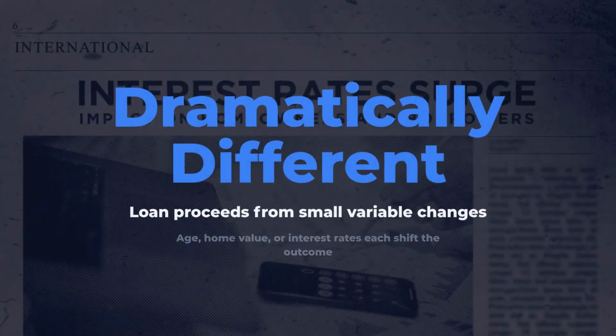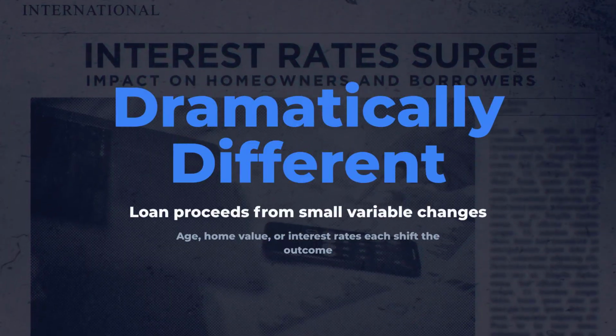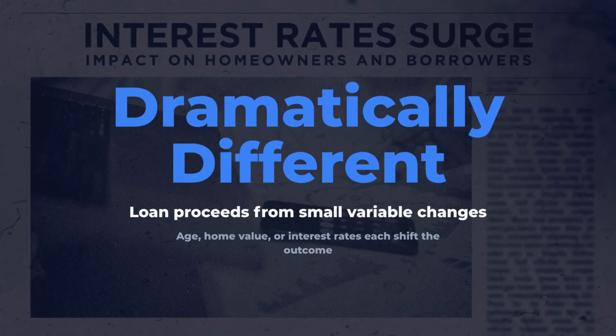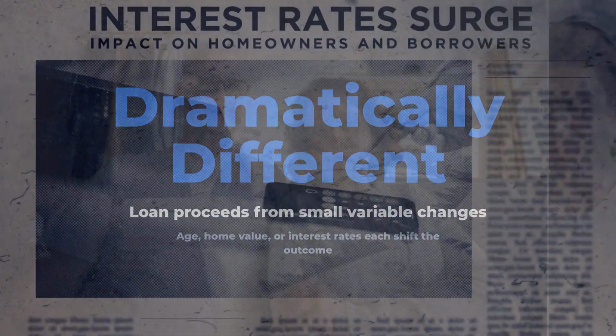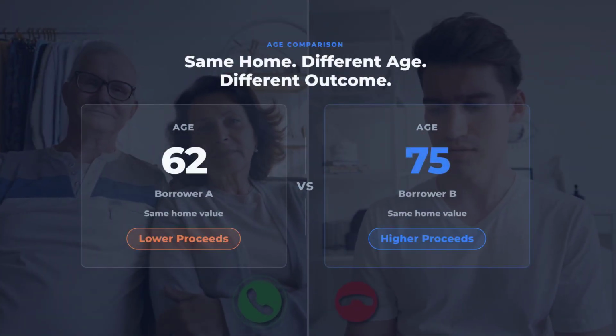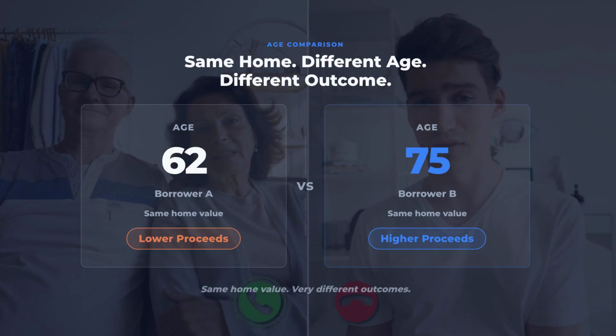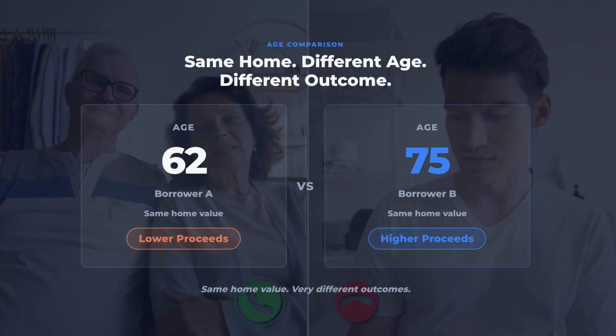The problem is that even small differences in age, home value, or interest rates can result in dramatically different loan proceeds. A homeowner who is 62 years old will receive significantly less than one who is 75, even if their homes are worth exactly the same amount.